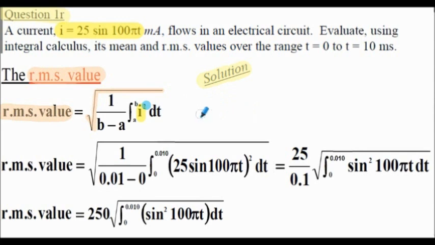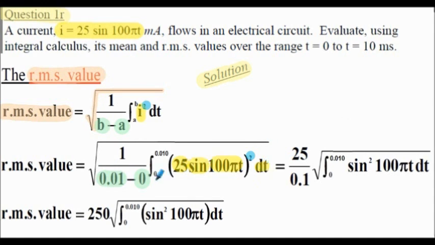I is integrated with respect to t because it's a function of t. Our limits here, t is equal to 0 to t is equal to 10 milliseconds. So a in this case is 0 and b is 0.01, 10 milliseconds. So here's our equation for I, 25 multiplied by the sine of 100 pi t. It's all squared, integrated with respect to t.